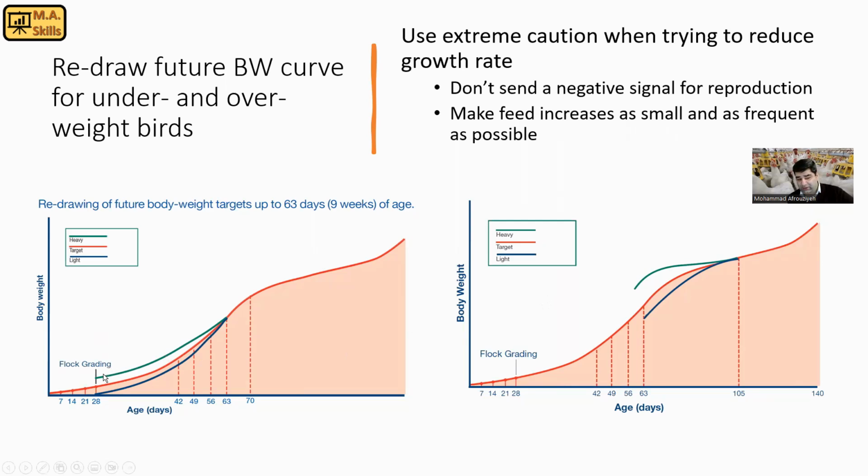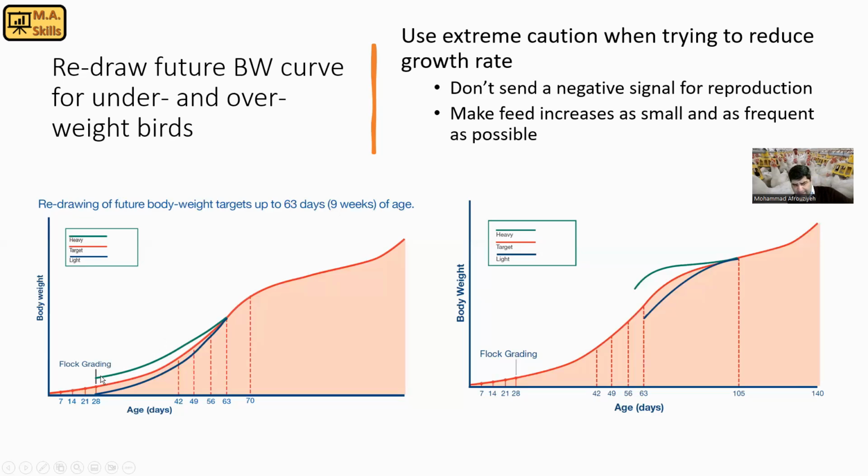And we talked about bringing heavy birds onto target body weight or bringing light, small birds onto target body weight over the course of a few weeks that you can see here. The point is, use extreme caution when trying to reduce growth rate.